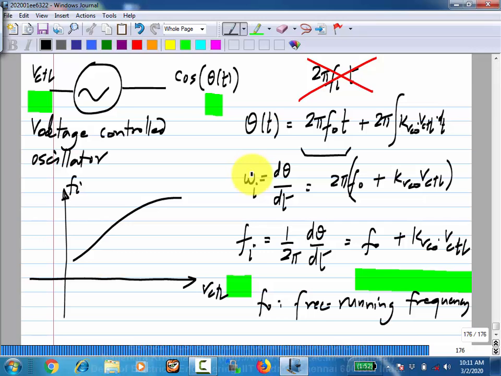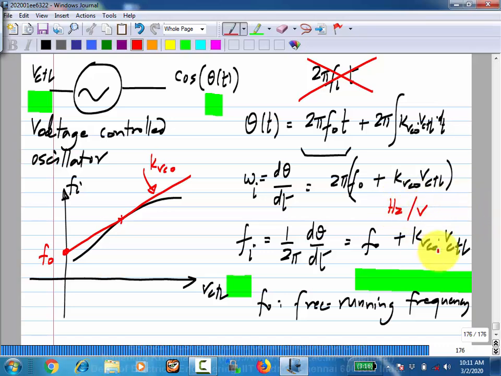Okay, it will actually be non-linear and so on. As usual, you have some operating point around it, you can linearize this. Okay, so if you do that around that point, this will be the free running frequency and the slope will be kVCO.